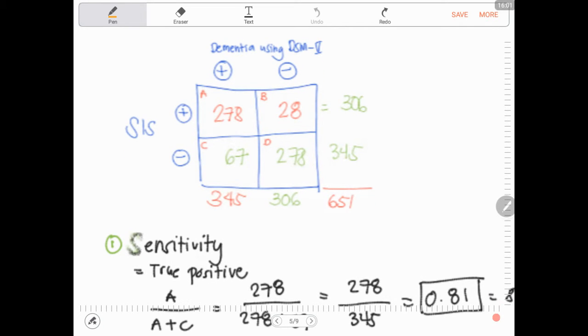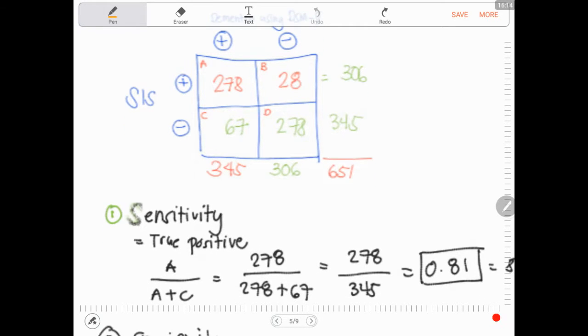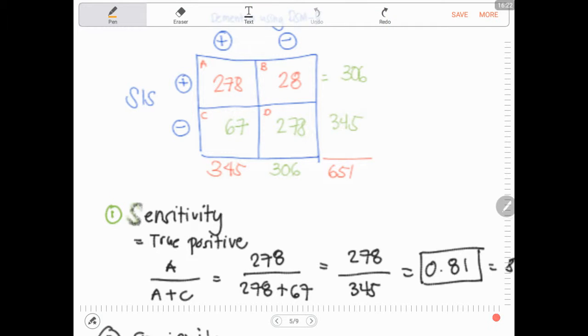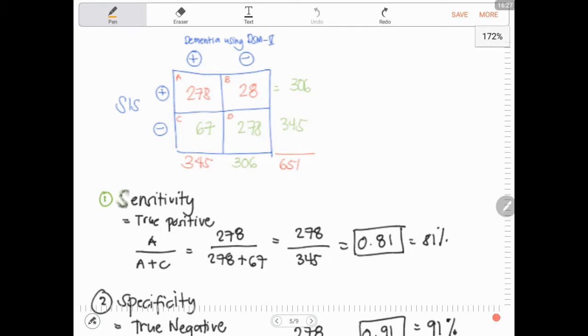Now, sensitivity is the ability of the test to identify those patients who are truly positive. Meaning, may sakit sila na talagang may sakit sila. That's sensitivity. True positive. Dito si A, ito si true positive actually. So, the formula to get the sensitivity of this particular test is as follows.